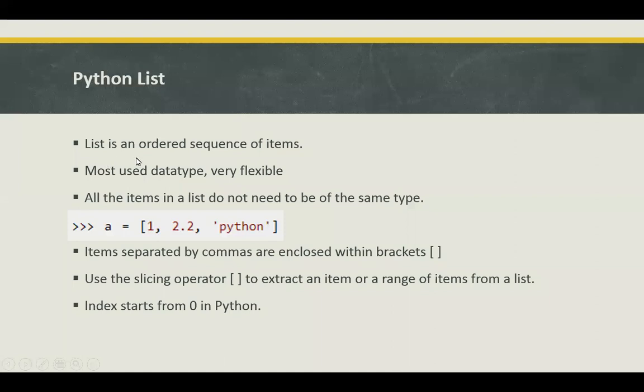If you see, the list is an ordered sequence of items. In a list, there are a number of items, and they are in order. So you will find there is an order like 0, 1, 2, 3, 4, 5. If you want to access a particular value by its order, you can access that value, because whatever element is in the list has an order.